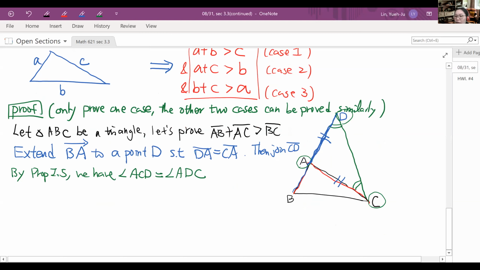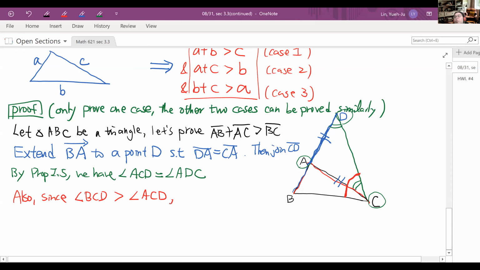Okay, now what information do we have here? Now I'm looking at another bigger angle. Let me draw the picture here. I want to use this bigger angle, angle BCD. Since we know from this picture that angle BCD contains the angle ACD, BCD is bigger than ACD, right?